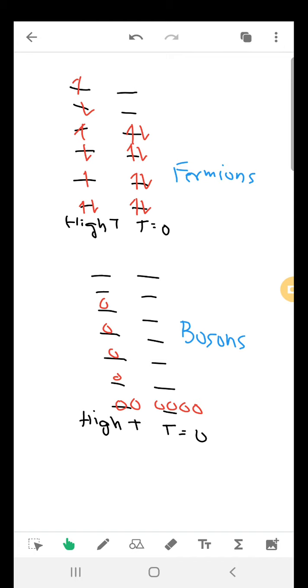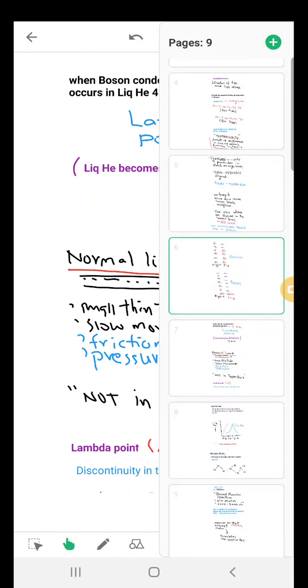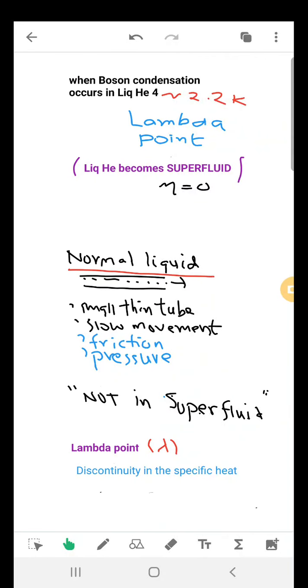This is what is called Bose-Einstein condensation, and this is what gives rise to superfluidity. At the point where superfluidity is achieved, that means the point where viscosity is actually zero, that point is called the lambda point.